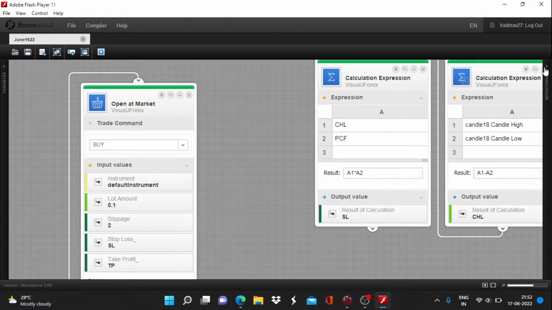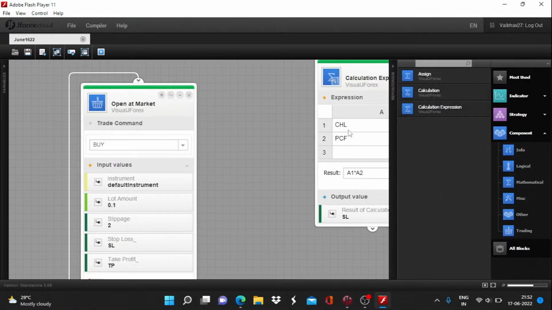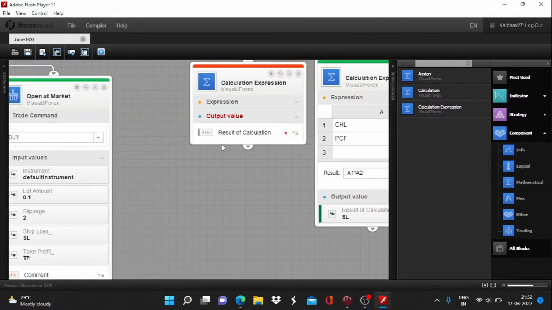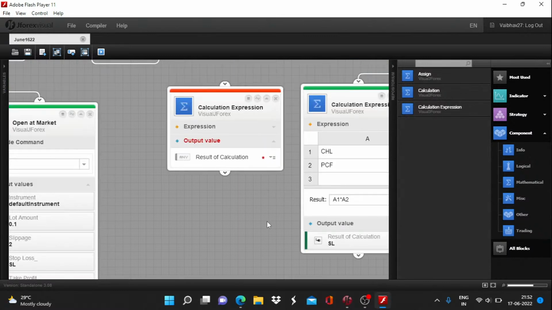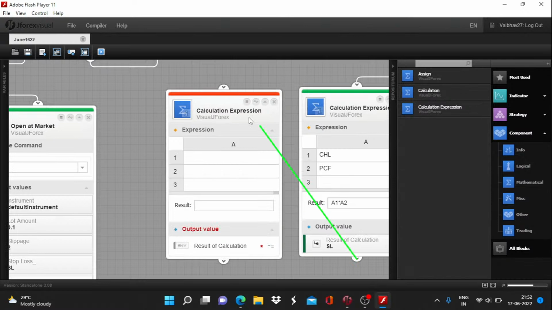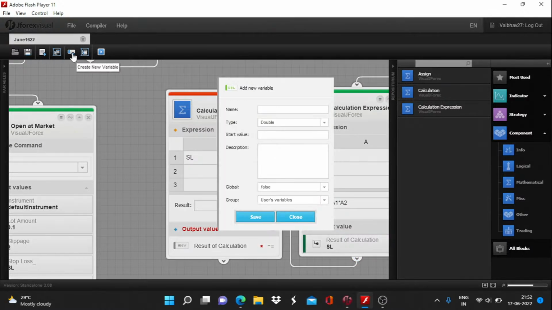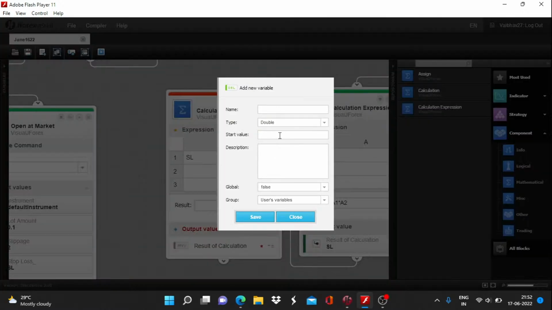And now we have to multiply the stop loss by 2 to get take profit, as we need the risk reward ratio of 1:2. Start value of 2.